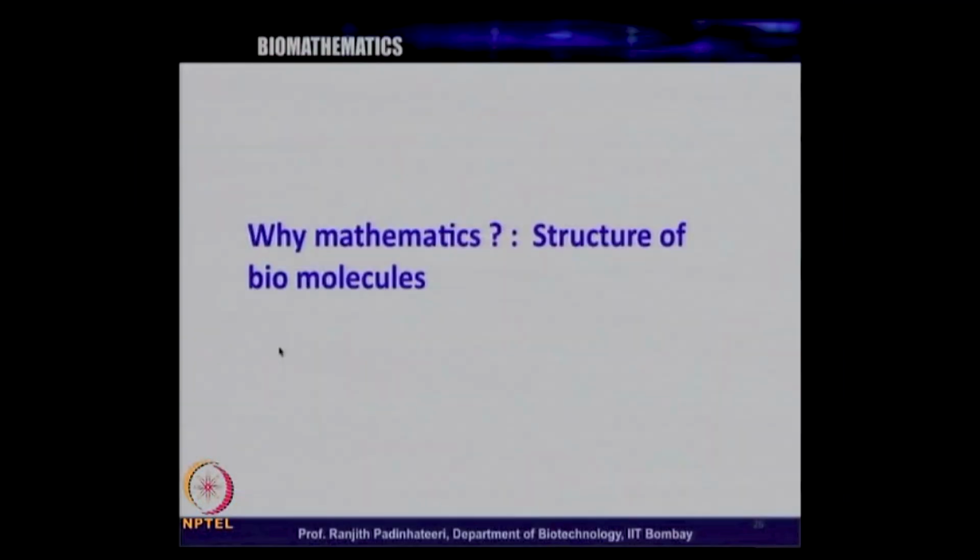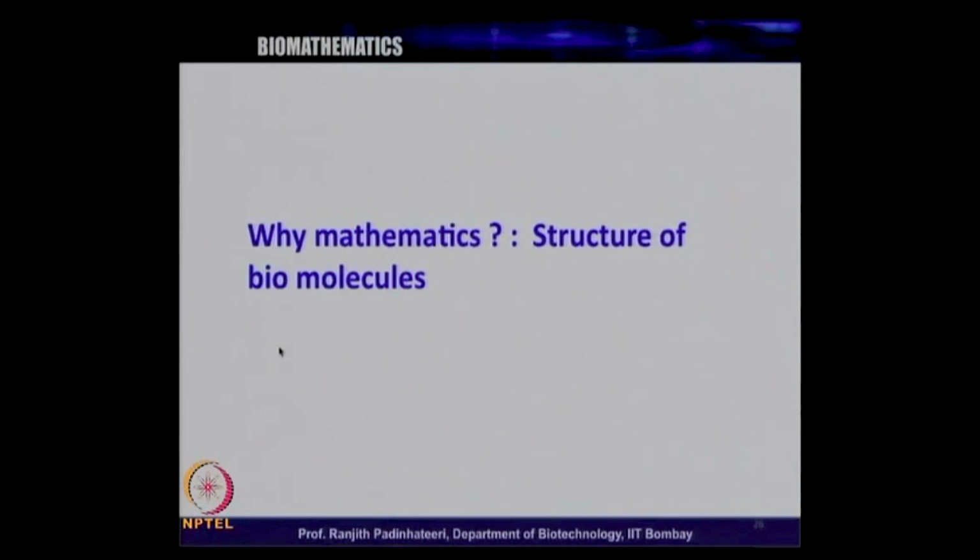Now we got this idea of a function. The next question is, there are many other uses of mathematics in biology. Another example, if you want to ask why mathematics, is the structure of biomolecules. You know that proteins have a 3-dimensional structure.